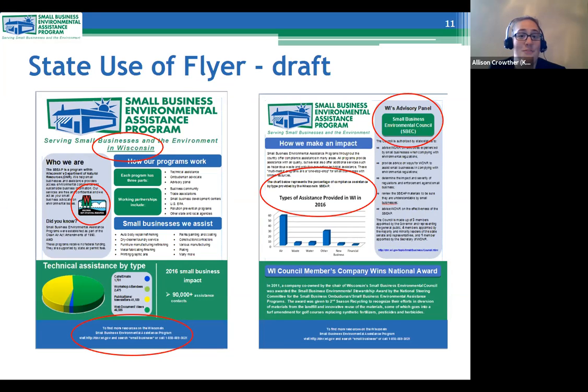You certainly don't have to, but it's something to make it easier if that's something you're interested in doing. So this is just kind of highlighting some of the changes to adapt it to an individual state. Things like changing the logo where we have the map of the USA. And one thing that Wisconsin did, since they didn't have the collection of quotes like we do, instead they put some information on their compliance advisory panel.